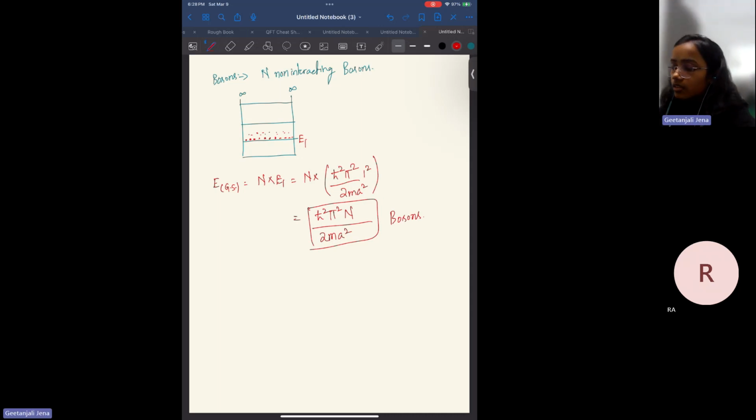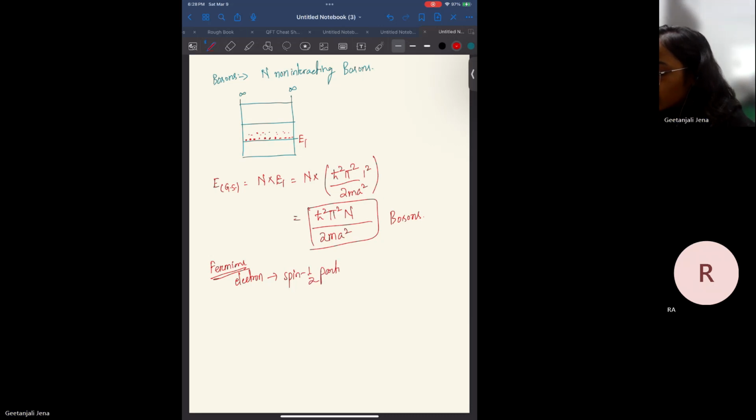Now let's see what will happen when the particles are fermions. Let's say electrons. Electrons are fermions, they are spin-half particles.